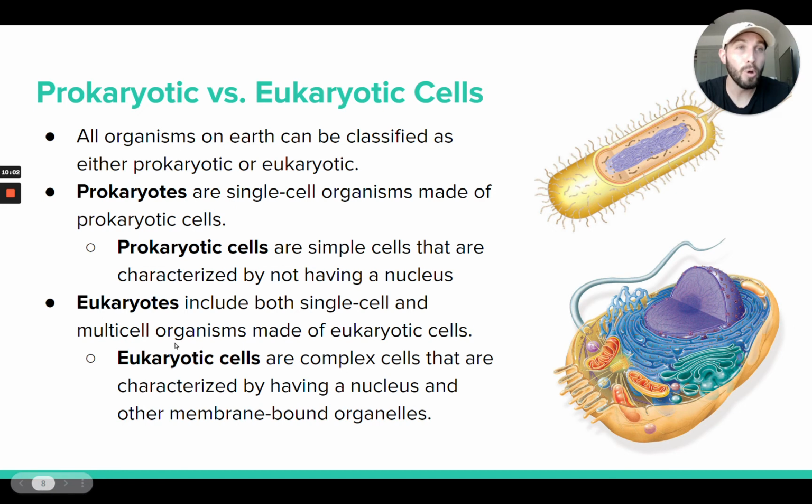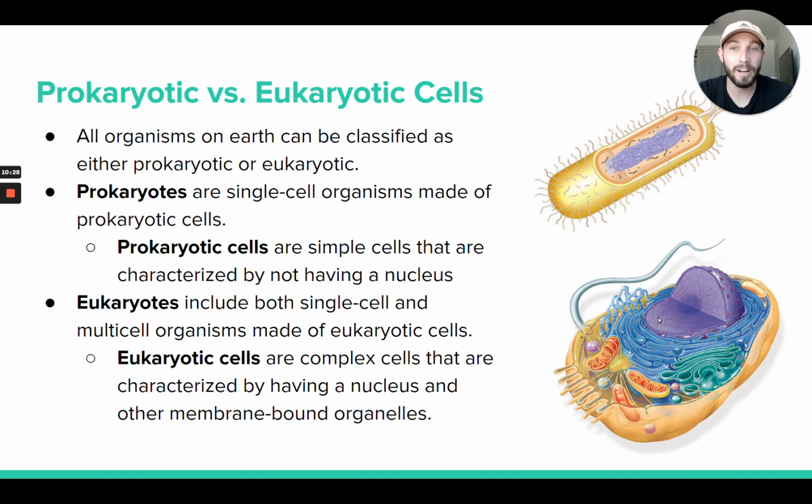Anytime you're looking at a multicellular organism, that's for sure a eukaryote, because only eukaryotes can be multicellular. Prokaryotes will never be multicellular. For example, a human being is made of trillions of cells, so you are definitely a eukaryote. You're a eukaryotic organism made of eukaryotic cells, so inside your cells, I will for sure see a nucleus.